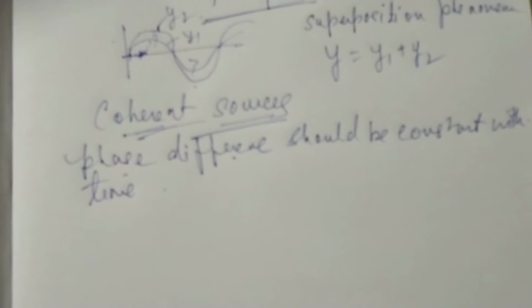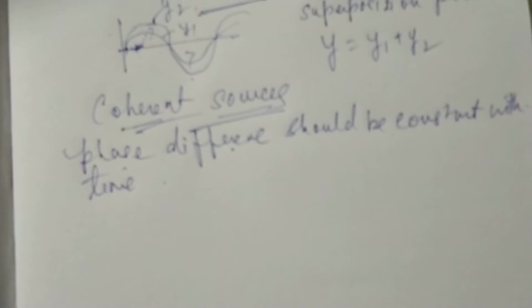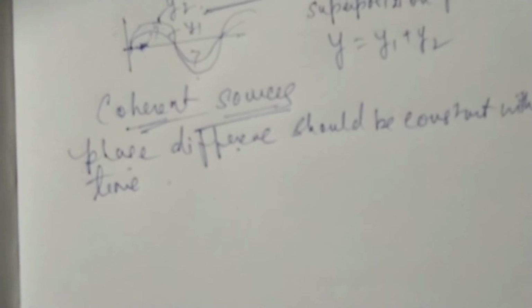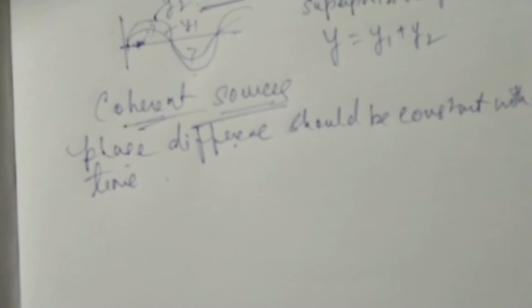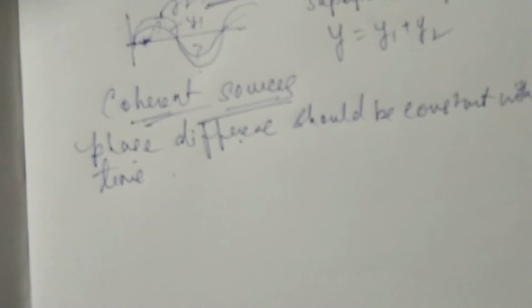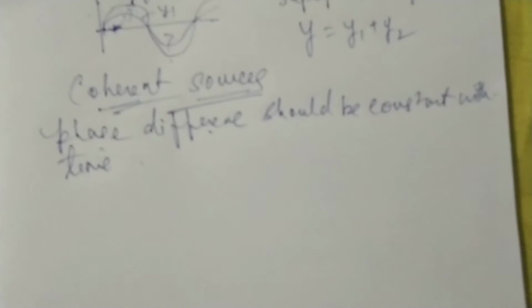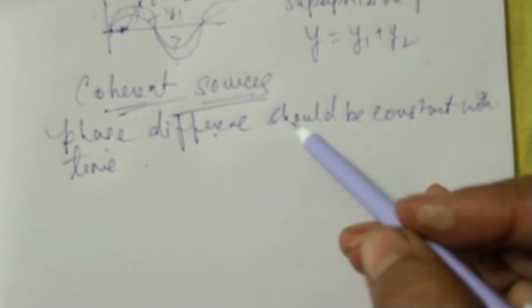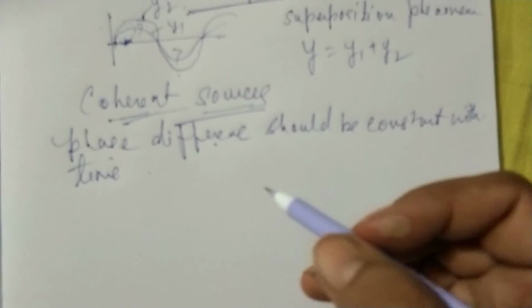It should not change after 1 second, 2 seconds or 3 seconds. It should be the same throughout. That is what is meant by coherent sources. That is the basic definition of coherent sources.